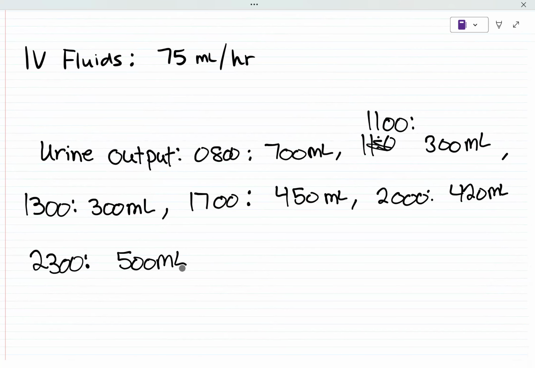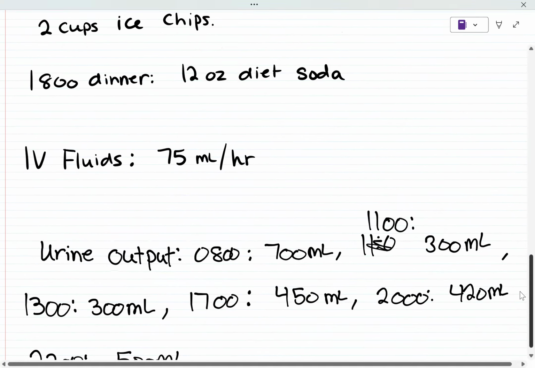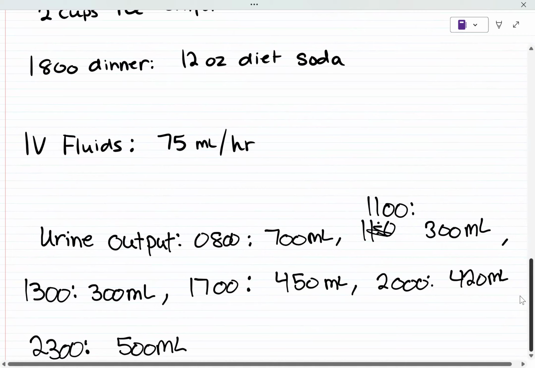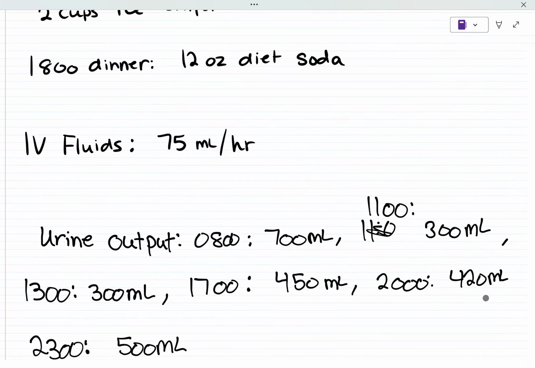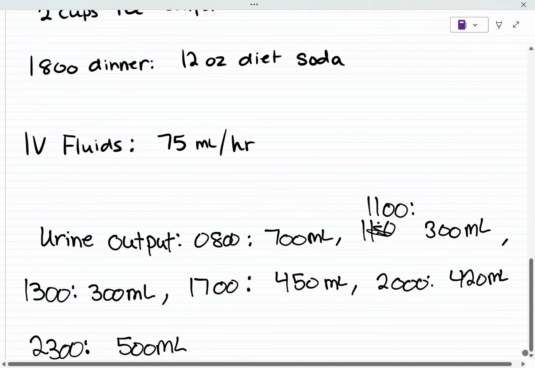So this is all given. I didn't write this down. So, urine output: 0800, 700 milliliters; 1100, 300 milliliters; 1300, 300 milliliters; 1700, 450 milliliters; 2000, 420 milliliters; and 2300, 500 milliliters.